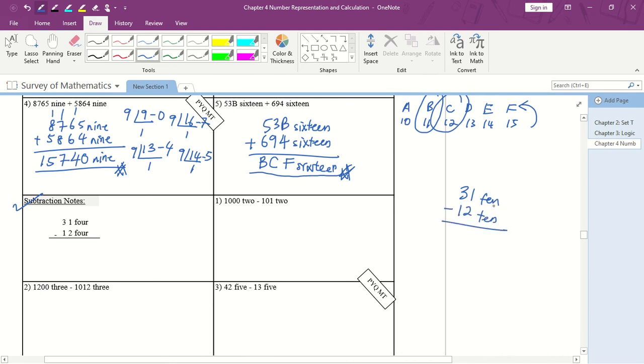Usually when we do this, 1 minus 2, 1 cannot minus 2, so we'll borrow. This one will be 2, and this one will be plus 10 because we're borrowing to here, so it will become 11. And 11 minus 2 will give you 9, and 2 minus 1 will give you 1, and this is base 10.